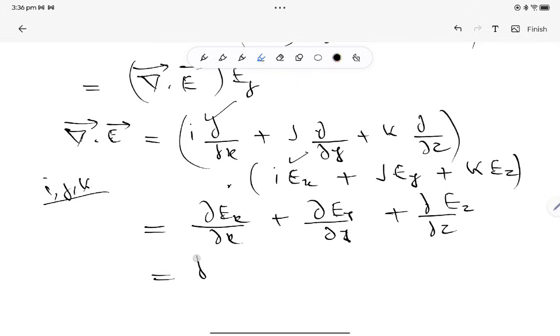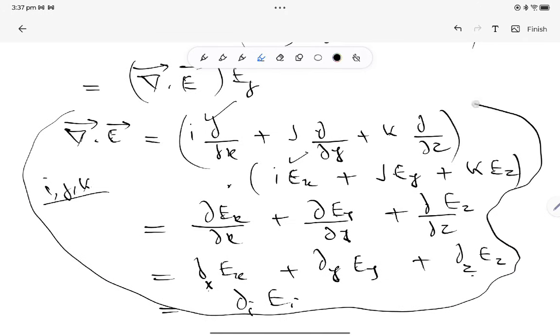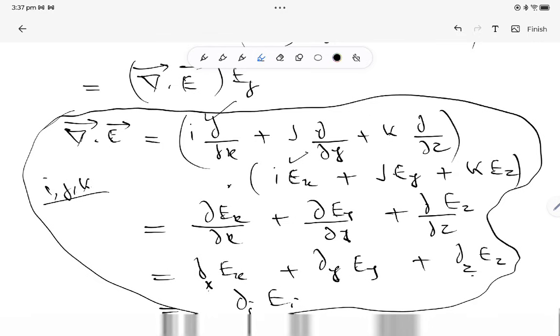Instead of del by del x we simply write del_x, so it is del_x E_x, del_y E_y, del_z E_z, and this is simply del dot E. This can be written as del_i E_i, where i means x, y, z. Hope that this is clear.